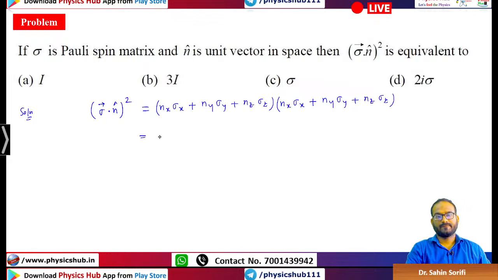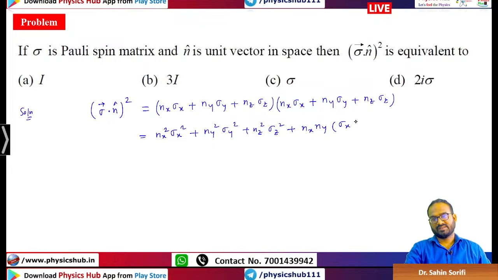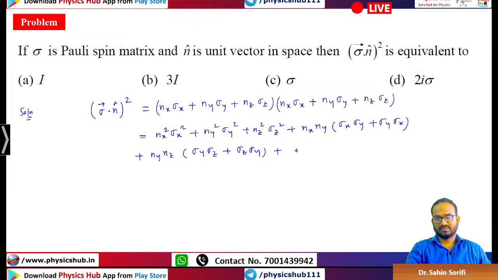So this will give you nx square sigma x square plus ny square sigma y square plus nz square sigma z square, plus nx ny, if you take common, sigma x sigma y and from this sigma y sigma x, plus ny nz, sigma y sigma z plus sigma z sigma y, plus nz nx, sigma z sigma x plus sigma x sigma z.